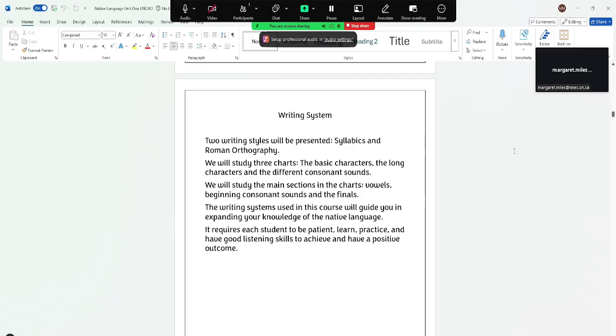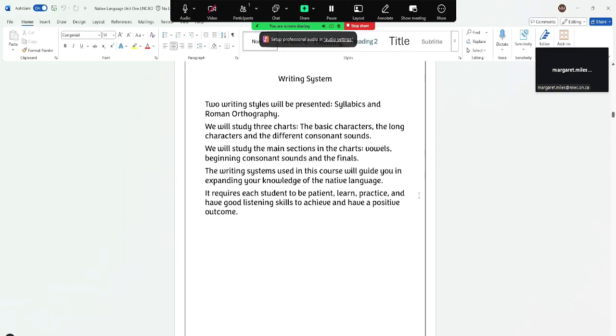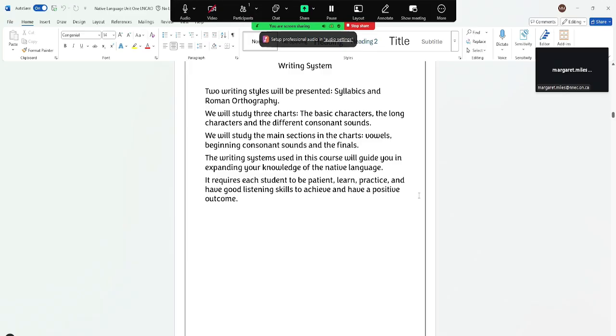So we will study the main sections in the charts: vowels and beginning consonant sounds, and the finals. The writing system used in the course will guide you in expanding your knowledge of the native language. So it requires you to be patient, and we will practice in the course, and to have good listening skills.